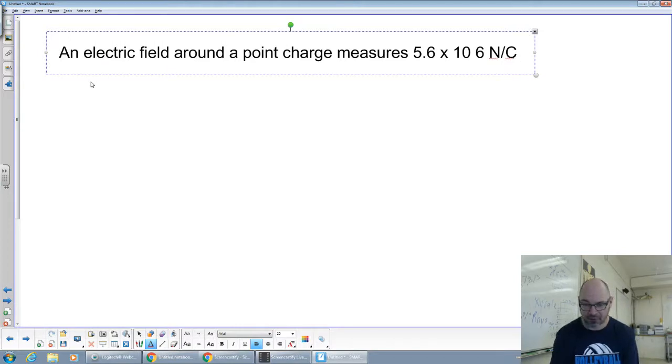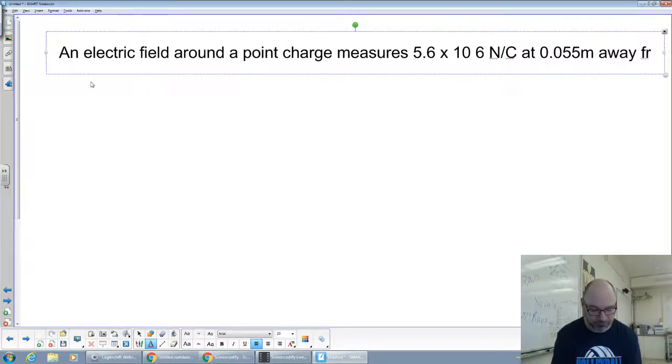That's times 10 to the 6. I'll fix that in a minute. At 0.055 meters away from the charge.